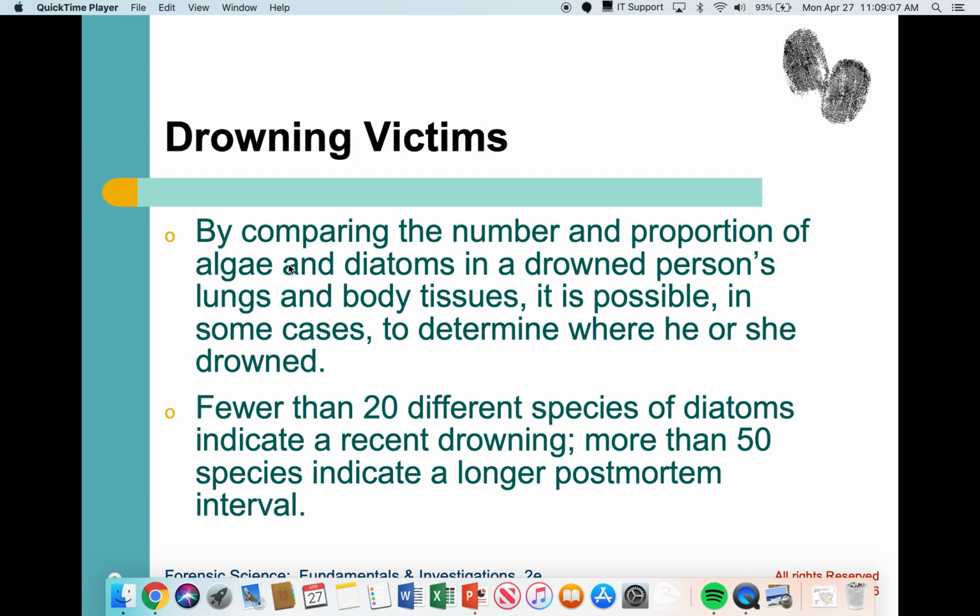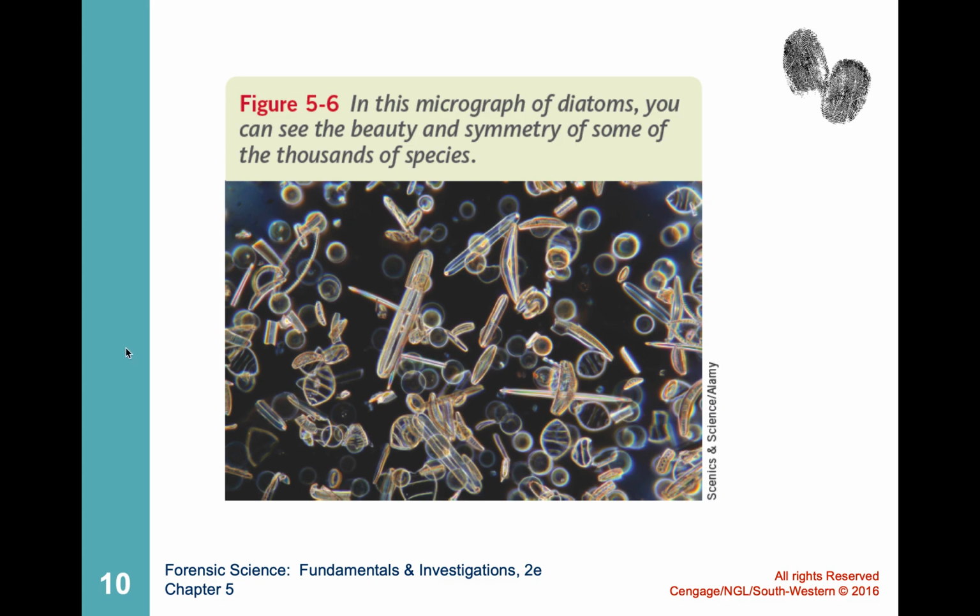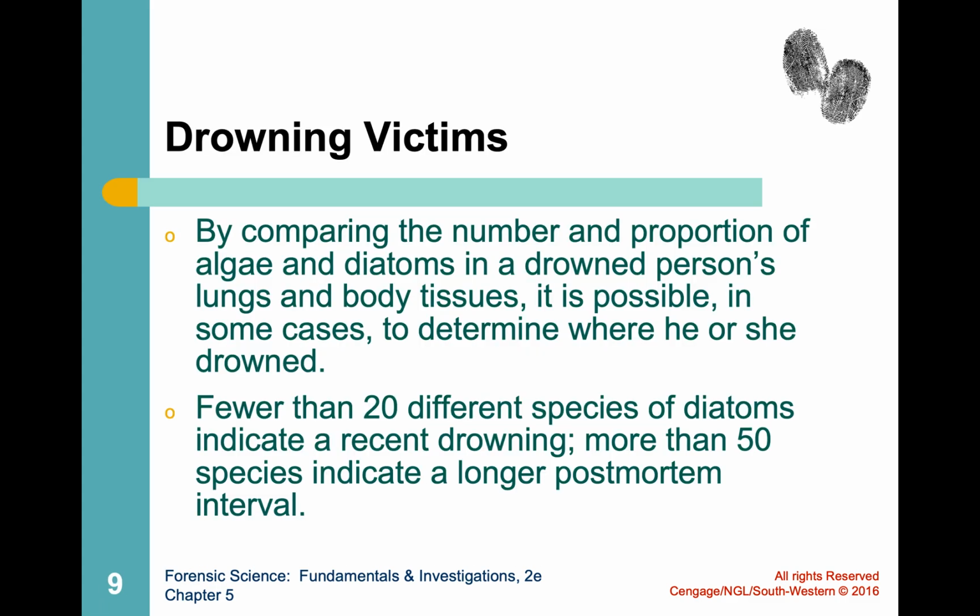You also have other algae, but you also have structures called diatoms. That's what a diatom looks like. It has a silica cell wall, and these diatoms are going to be present as well.